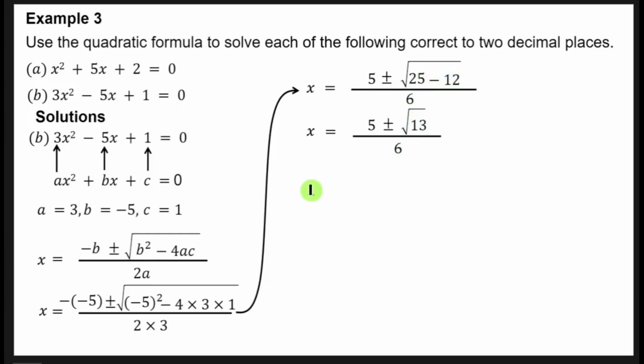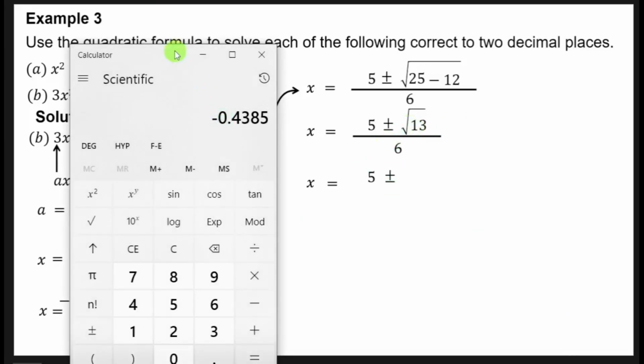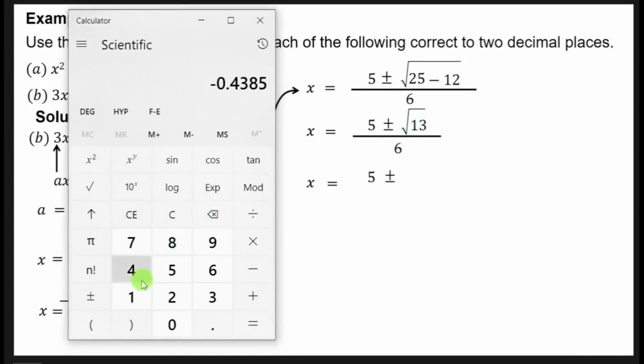Then what we are going to say, x is equal to positive or negative. Here when we get the calculator again, we find the square root of 13. So say 13 square root here, it is giving us 3.605.